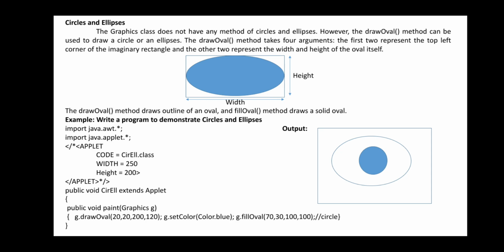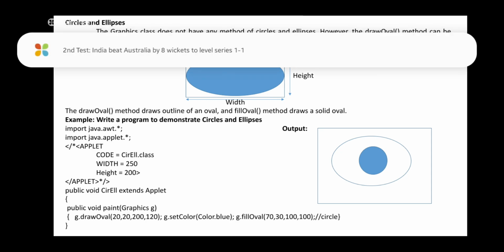Within those four arguments you are going to take an imaginary rectangle, because you have to set an oval or a circle within that particular area itself. So for that sake you define the first two fields as the top left of an imaginary rectangle.